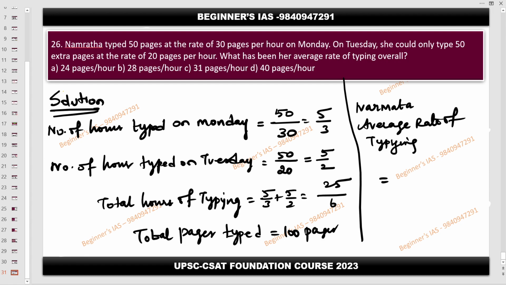It is equal to the total number of pages by the total number of hours. 100 divided by 25 by 6, so 100 into 6 by 25. Then cancel, here 4. 6 4s are 24. So 24 pages per hour. Therefore the answer is option A.